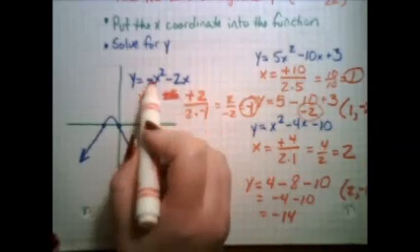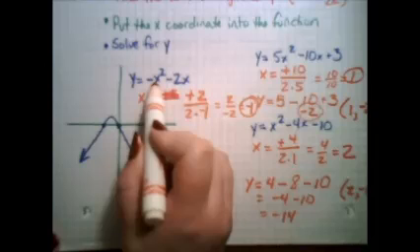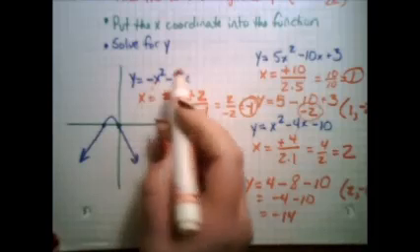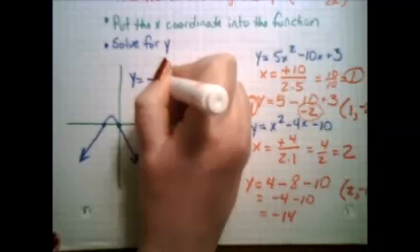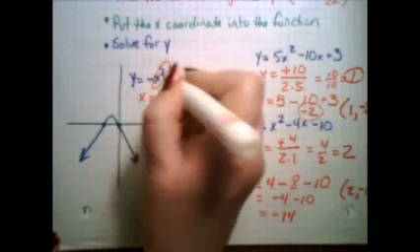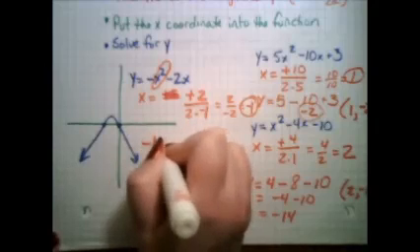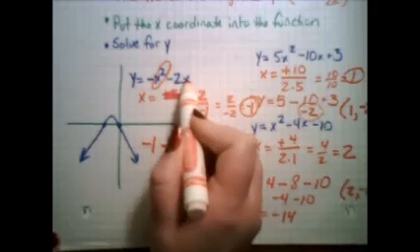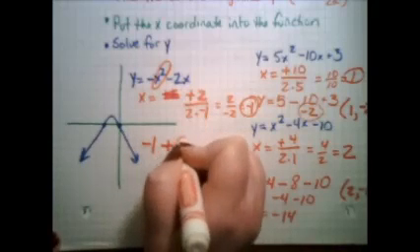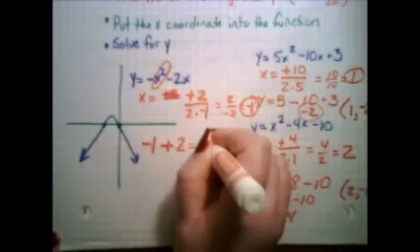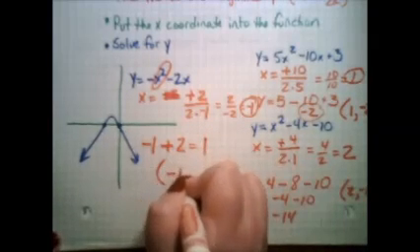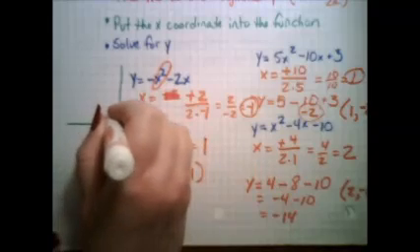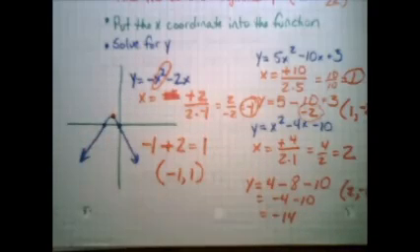And if we stick -1 in for this, remember you're going to do this first. -1 times -1 is +1. And it's a negative, so we've got -1 minus 2 times -1 is +2. And that equals 1. So our vertex is -1, 1. And that's exactly what that practically looks like.